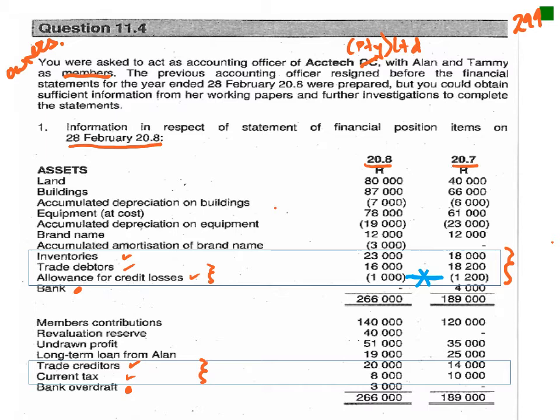There won't be any cash effect. So this is non-cash, the change in the allowance for credit losses. But inventory and debtors and creditors and current tax, there will be bank account entries in each of those four accounts that we're going to have to reconstruct to see what those amounts are.